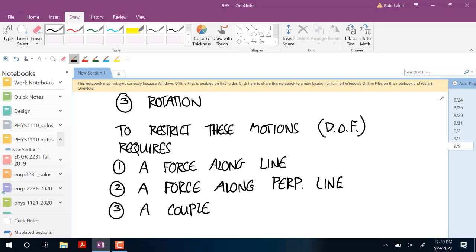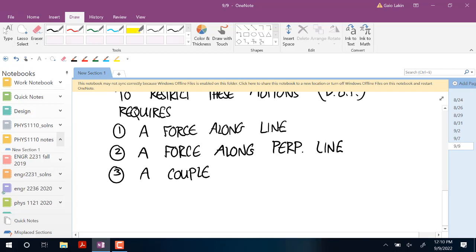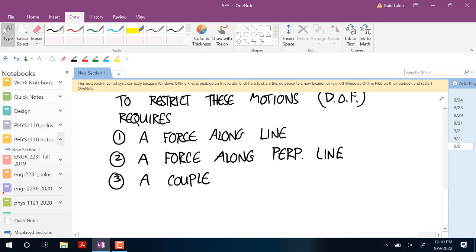So I'm just going to go through the joints. Let's see, how many do we have? 1, 2, 3, 4, 5, 6 total joints. And I'm just going to do them in order of how many of these loads they apply.